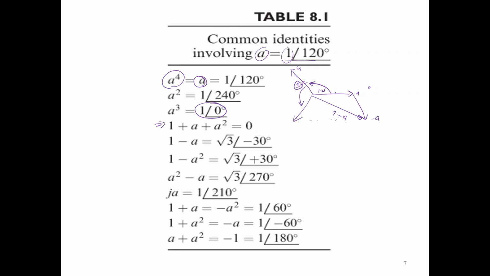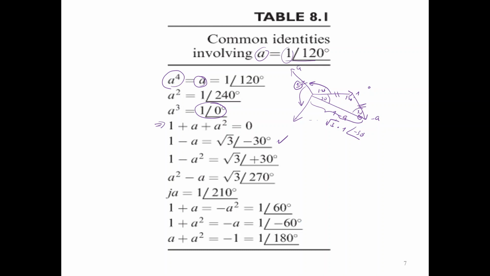So everybody knows that this is an equilateral triangle with 1, 1, and the angle here is 120. So this becomes 30 and 30, right? The length of this vector is square root 3 times the arm of this guy, and the angle becomes negative 30. Okay, so you get this one.